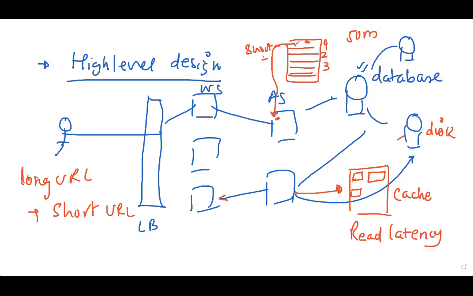Wait, what do you store here? We are storing the hash over here. Now you have 50 million hashes already generated, and then you split them into parts of 5 million each. So where would you see the collision?